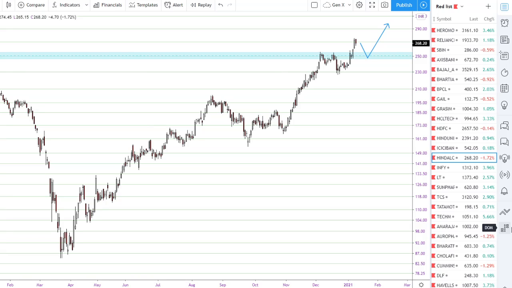This is how it is, and we have quite a few opportunities here that I'll be looking out for. Obviously I cannot go through all these stocks, but the strategy is pretty much similar. You can go through all of those stocks and look for yourself. You can back test it, you can also forward test it. You can come back next week and see how these stocks have performed.